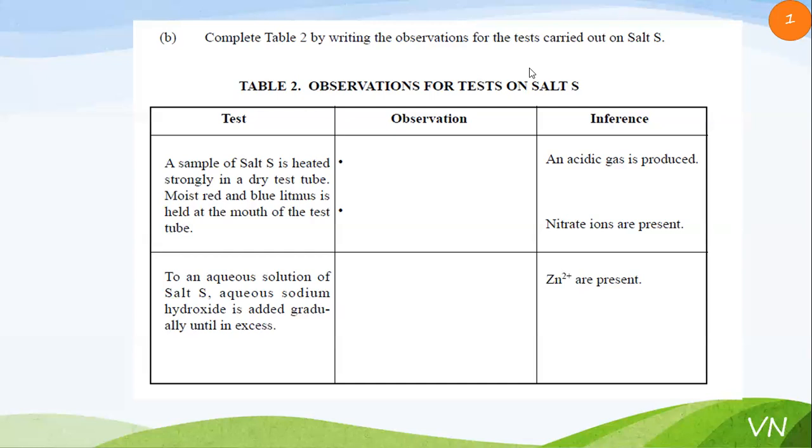So if we heat a solid and we place moist red and blue litmus paper at the mouth of the test tube, by making an inference that an acidic gas is produced, then our observation should be based on the litmus paper.